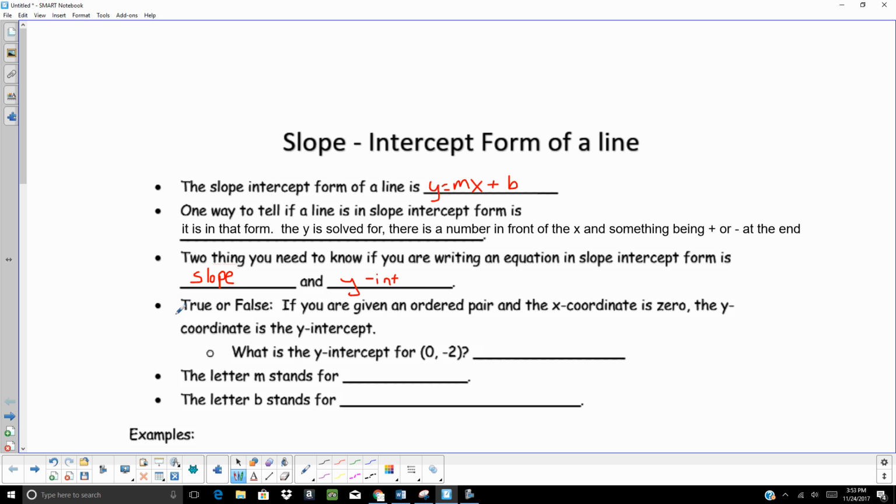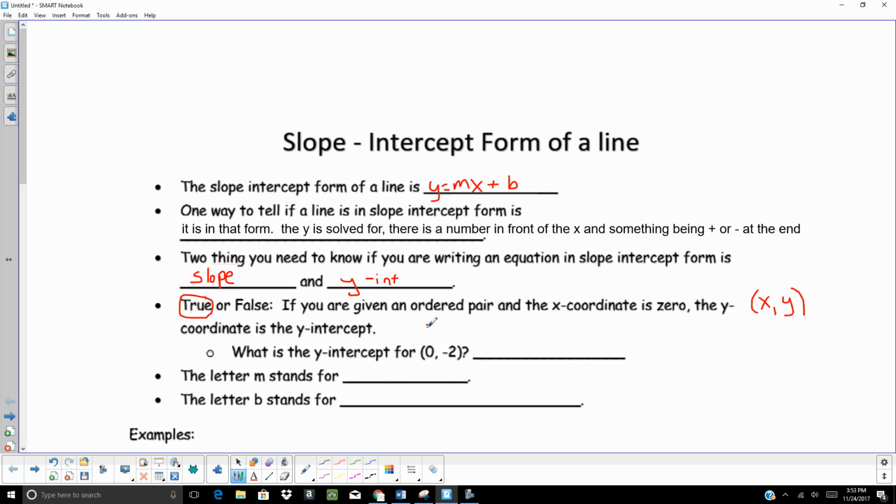So this is a true or false. If you are given an ordered pair and the x-coordinate is 0, the y-coordinate is the x-intercept. And remember, when you're given an ordered pair, it's always going to be x comma y. Okay, so if that first number is a 0, that's true. The second number is the y-intercept.